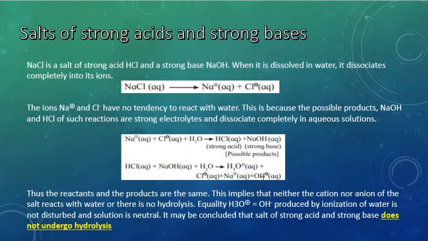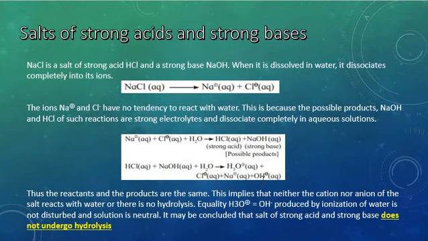NaOH. Both are strong and they will again dissociate to give sodium ion, chloride ion, hydronium ion and hydroxyl ion. So all in all, sodium ion and chloride ion, once they are produced by the dissolution of sodium chloride into water, remain in ionized form and do not react with any of the ions coming from water. So the equality of hydronium ion and hydroxyl ion produced by the ionization of water will not be disturbed.